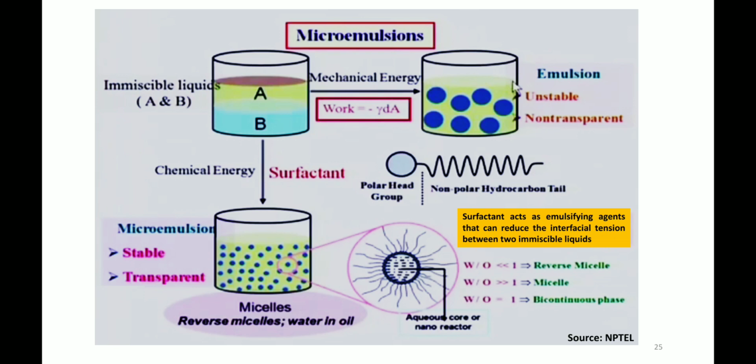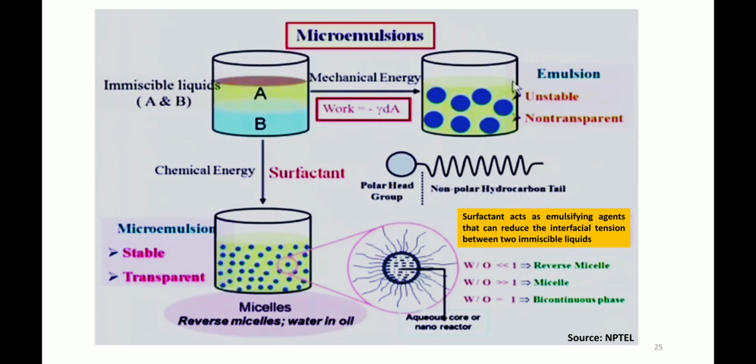What you can see in this circular picture is that the core is made up of water, and outside this core you have a thin layer of surfactants, which is separating the water from the oil. So this is called a micelle.